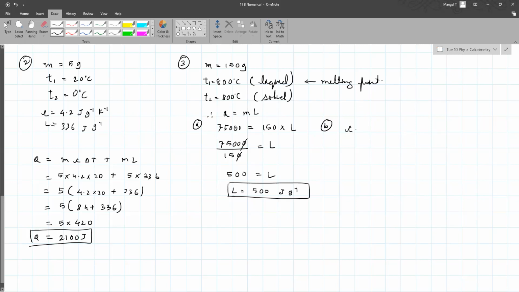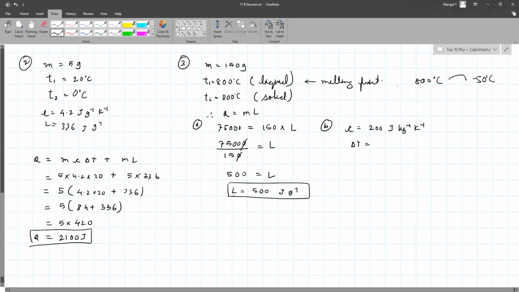Can you tell me that? How much is the change in temperature? If 800 degree to -50 degree, what will be the change in temperature? 850 degrees. Very good. 850 degree is the change in temperature.